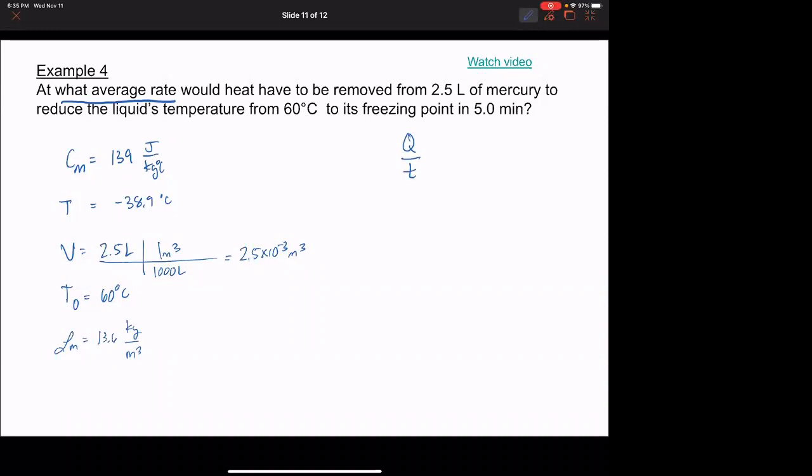Anytime you see rate, that means per unit time, whether it's velocity, displacement, energy, work, or heat. The rate something is done is per unit time. So that's your power. So your power is mc delta T over t.